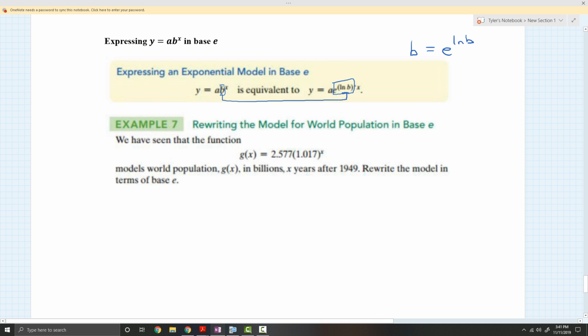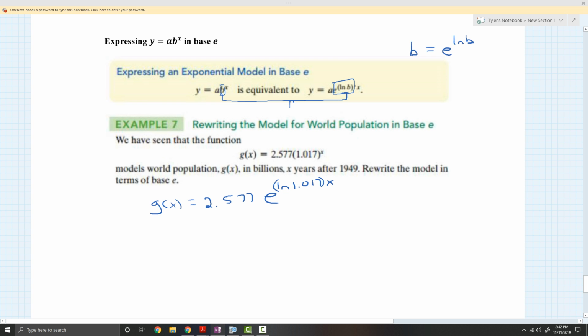So g of x is going to equal 2.577 times e raised to the natural log of 1.017, and that will be times x, right? That's just following that equivalency form.